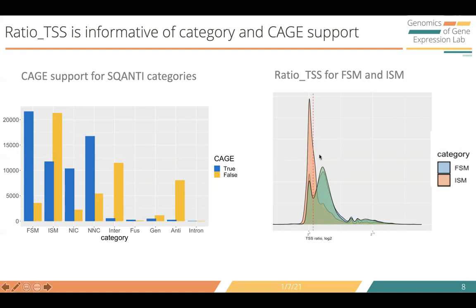Also, for the TSS ratio, you can see that while full splice matches have a bimodal distribution with most of the TSS with high value, most incomplete splice matches have values around 1 as expected for degradation products, and only a fraction have values similar to full splice matches.